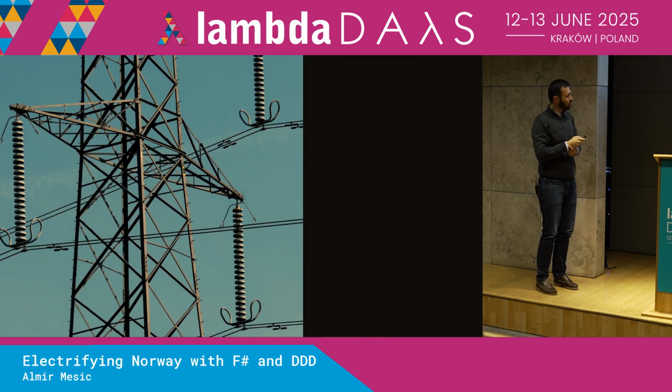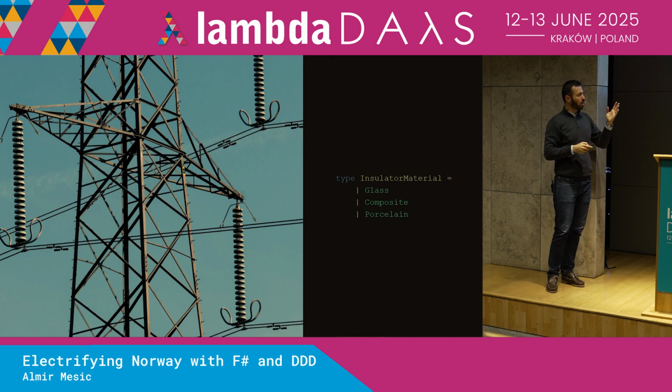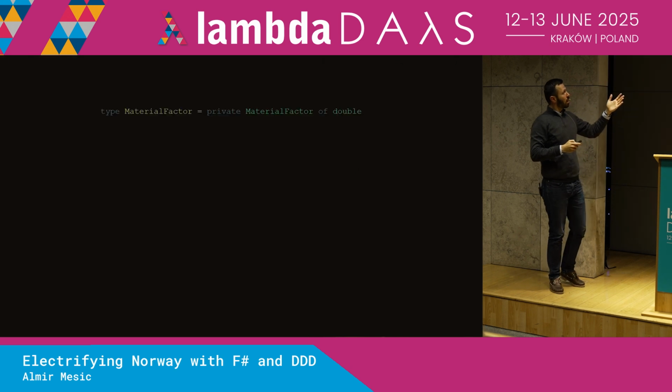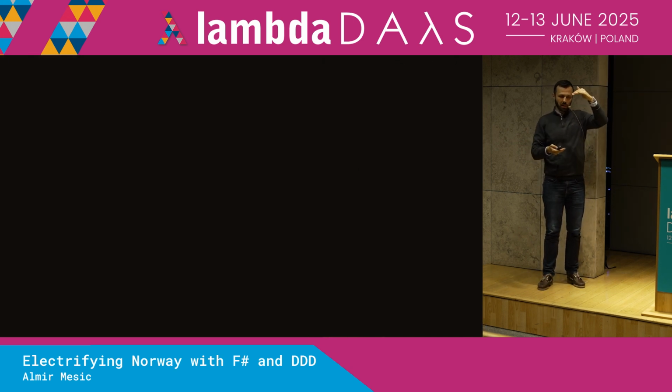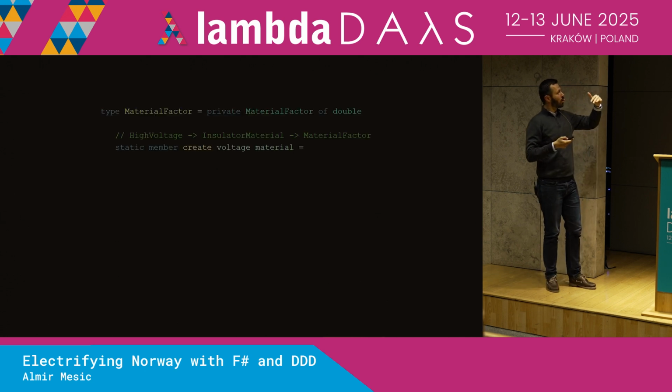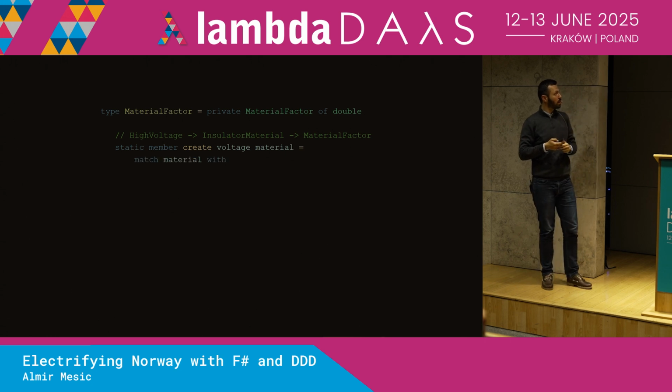Yes, so going to the next concept, or at least in our domain. These disks are called an insulator. And in our context, they can either be glass, composite, or porcelain. When we calculate the length of an insulator, we need to calculate what we call a material factor. In order to do that, we need 2 arguments: high voltage and insulator material.